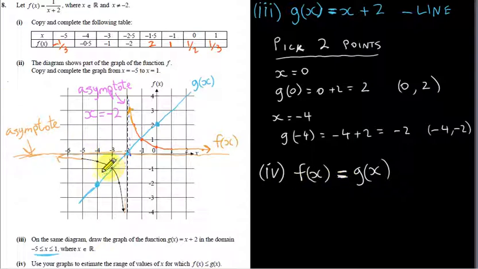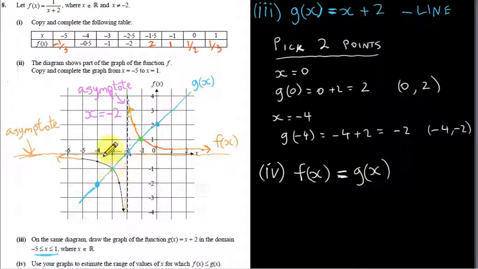Where are the functions equal? Well, that's where the line crosses the curve. So this is one point, and this is another point. So for this point here, f of x will equal g of x.